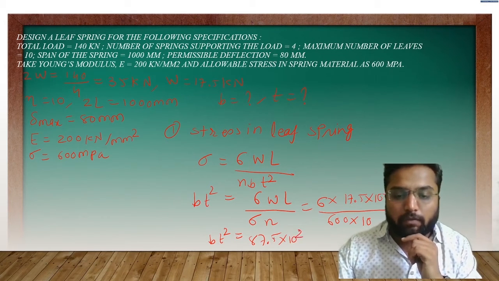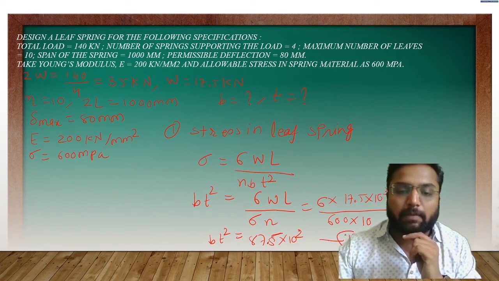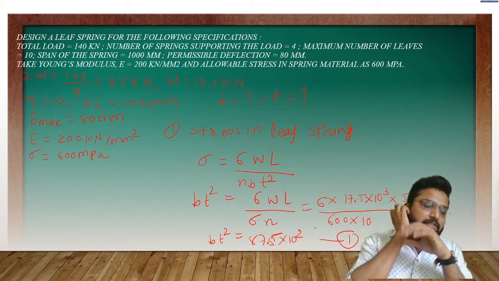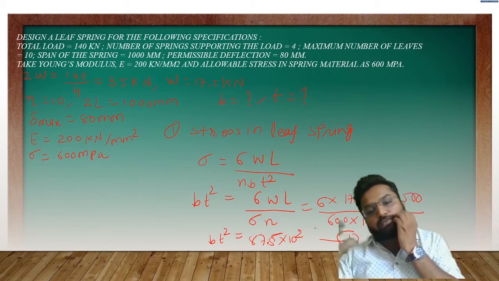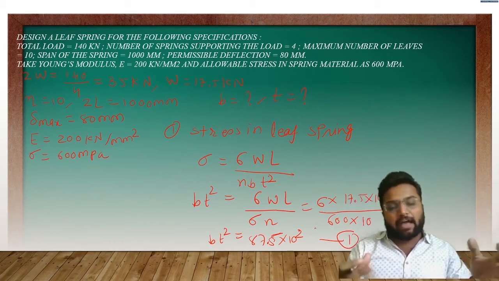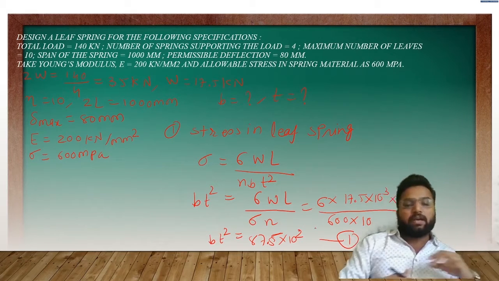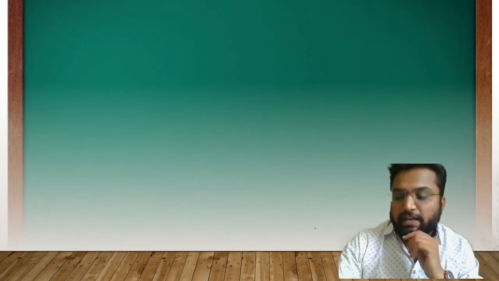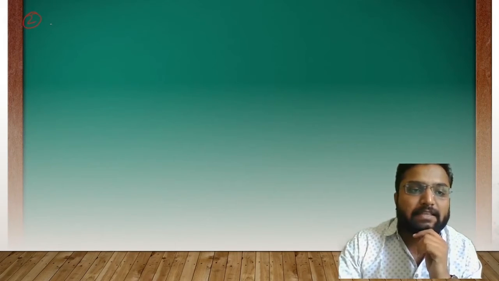So the value for BT square will be 87.5 into 10 raised to 2, equation number 1. From this equation we can have the value in terms of T square, or in terms of B, clear? And then we will have to find the deflection. So the second point is maximum deflection.